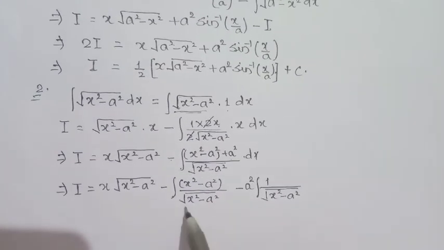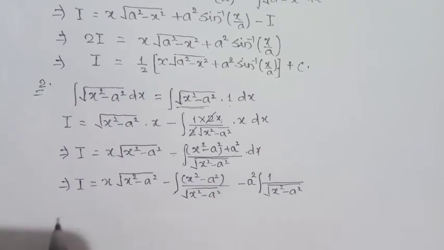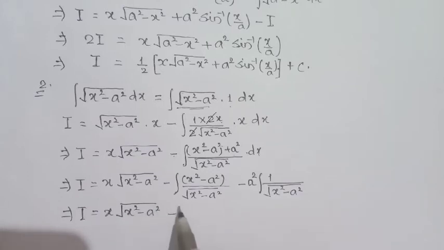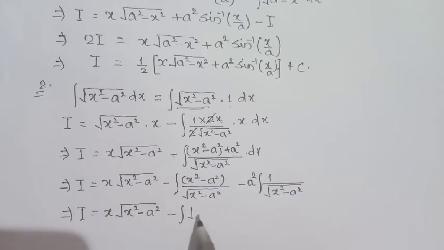Now this cancels. After cancellation, it should be I is equal to x under root x square minus a square, minus integral of under root x square minus a square into dx.